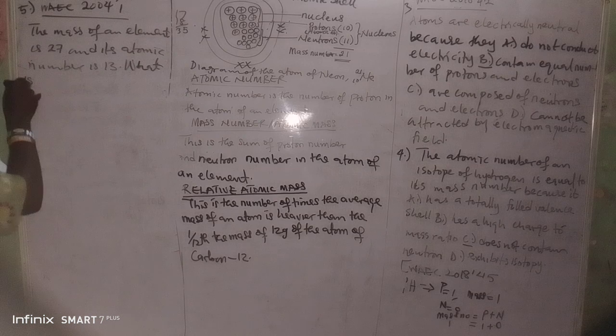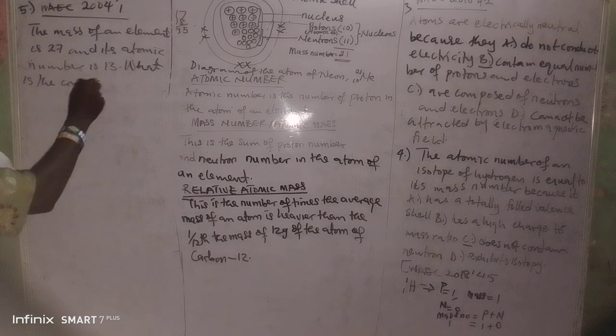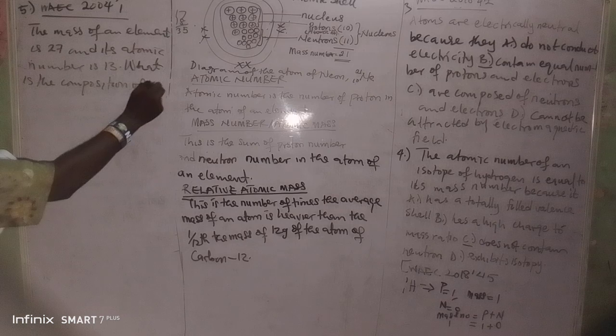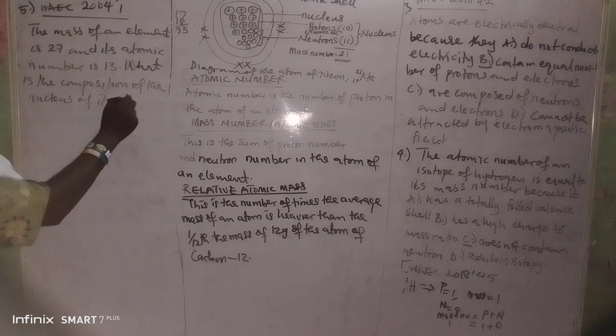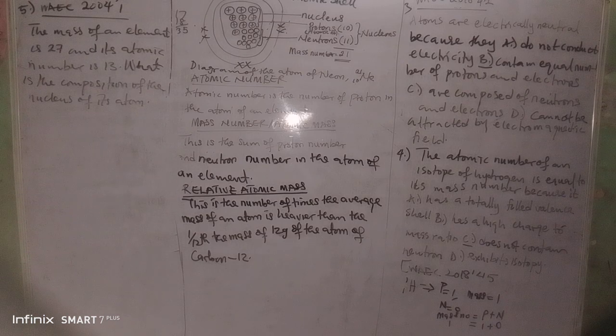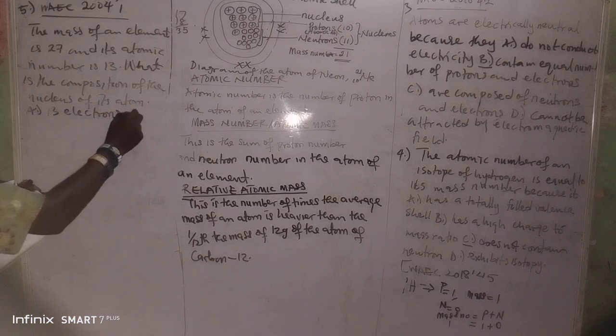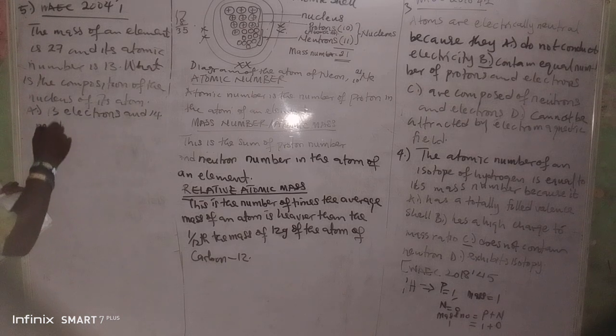Composition of the nucleus of its atom. Option A: 13 electrons and 14 neutrons.